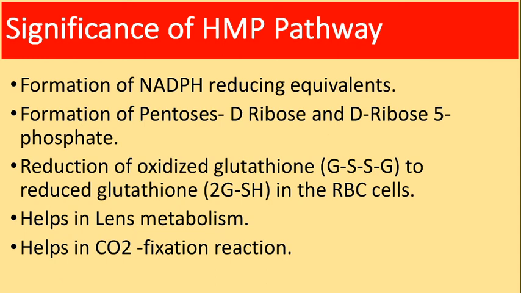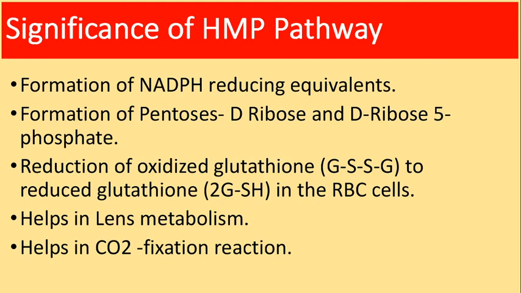Then it is also very important in the lens protein metabolism, where at least 10% of glucose is metabolized by this shunt pathway providing NADPH. This NADPH is required to convert the oxidized glutathione into reduced glutathione, which is necessary to maintain the lens proteins.